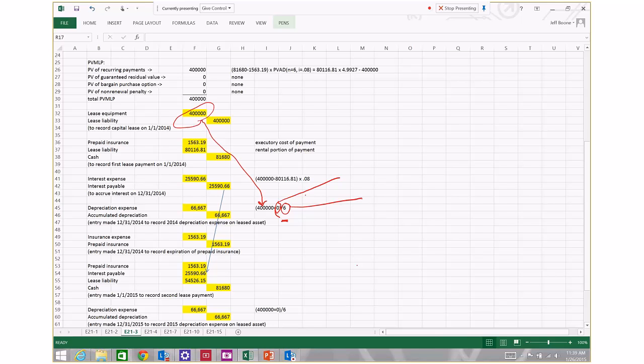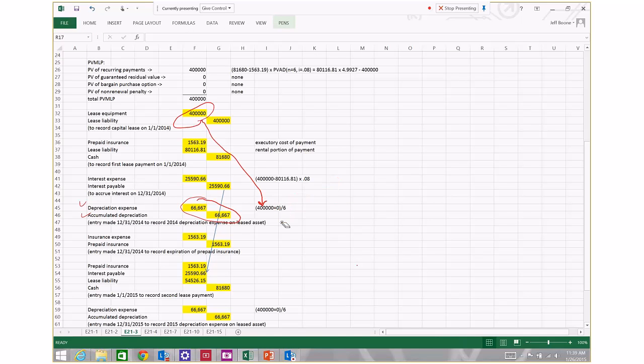In this case, neither one of those are present, so we're going to depreciate this leased asset over the lease term. So 400,000 divided by 6 gives us depreciation expense of $66,667. Debit depreciation expense that amount, credit accumulated depreciation by that amount.